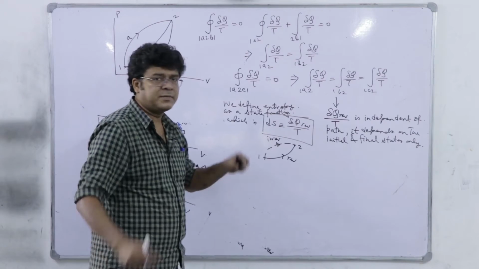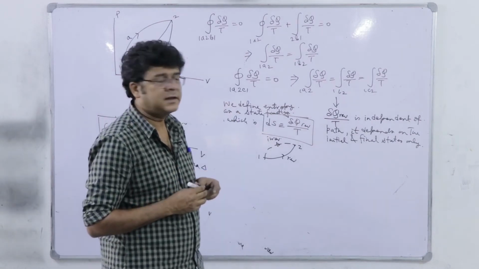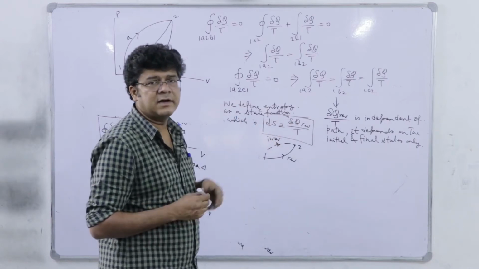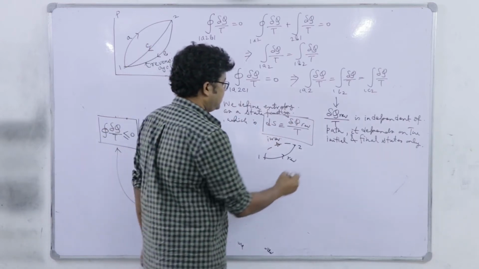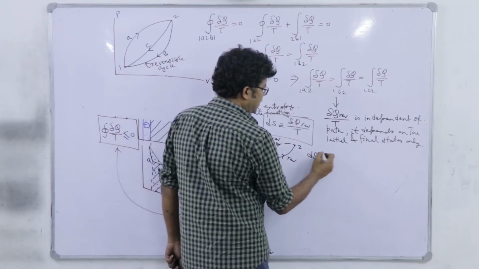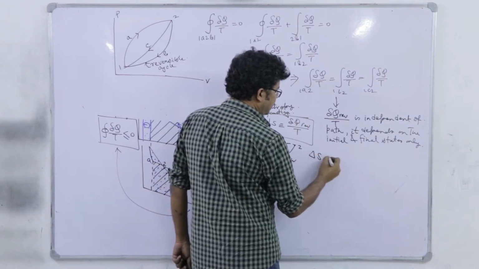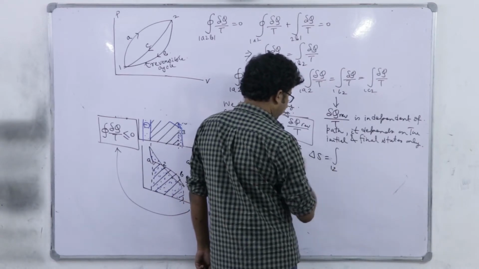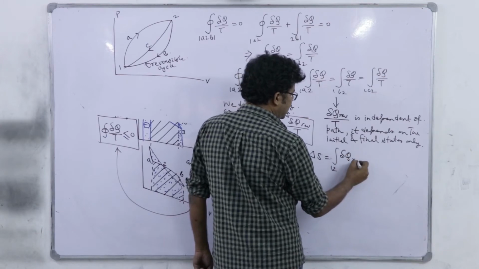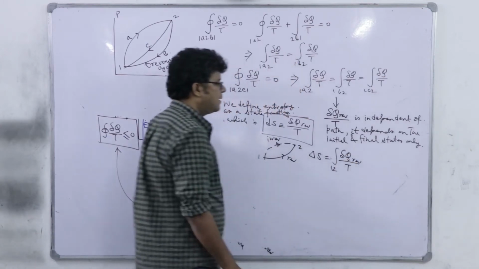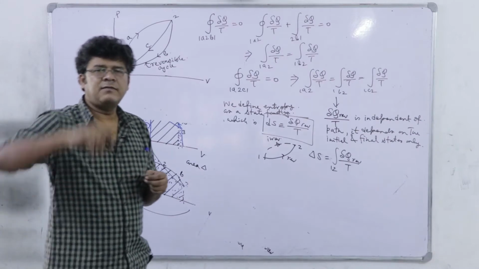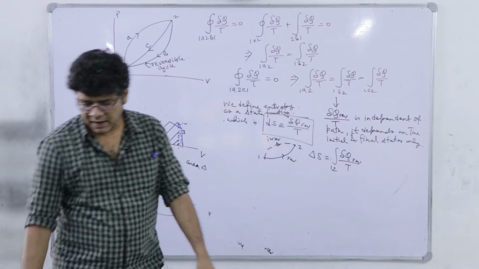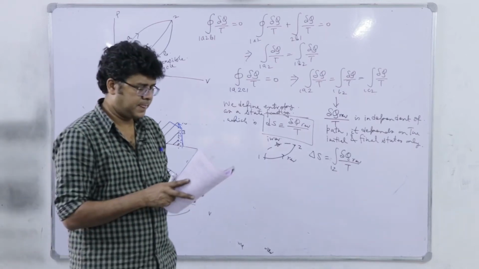So for the irreversible process, if I know the initial and final state, we will calculate the entropy change considering any other reversible pathway. So here delta S is equal to integral 1 to 2, no matter what path you are following, del Q reversible by T. So you think of a reversible path connecting the initial and final point, and from there you calculate the entropy change.